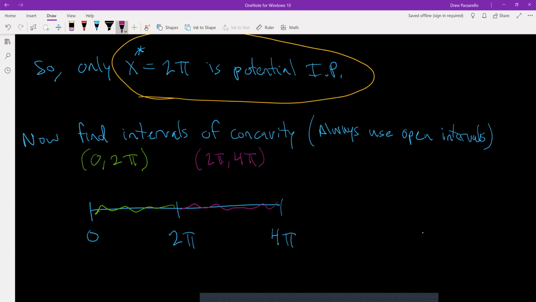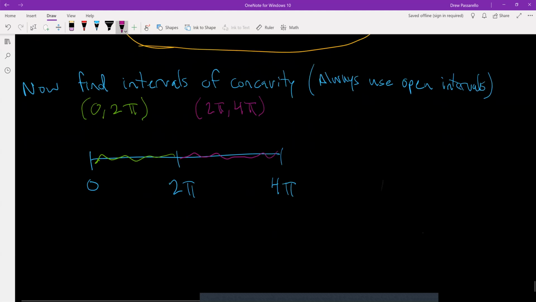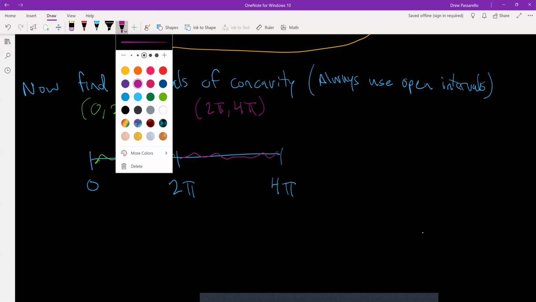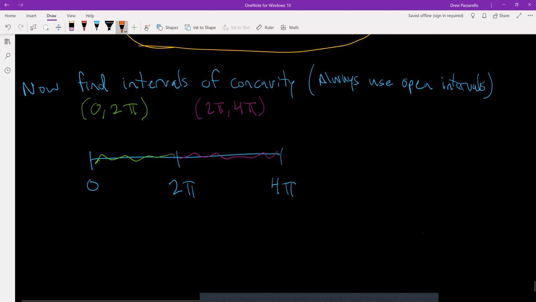All right, so I pick a test value from each one of these intervals. And I'll use, let's go orange. So I'll pick pi from that interval, and then I'll pick 3 pi for the other one. So my test values are pi and 3 pi.